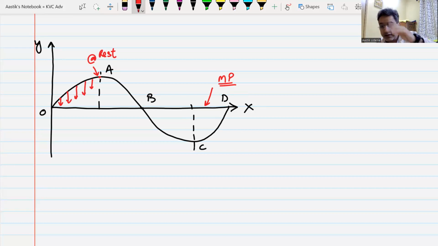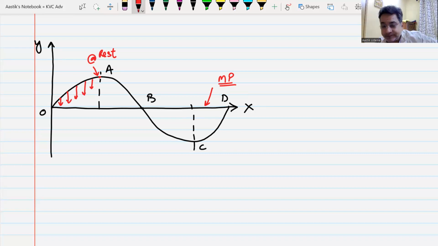Here from O to A, the slope of the graph is positive, and therefore the velocity of the particles is negative. So particles are moving towards the mean position. Do we understand this? Yes, sir. Done. You understand this? Yes, sir.